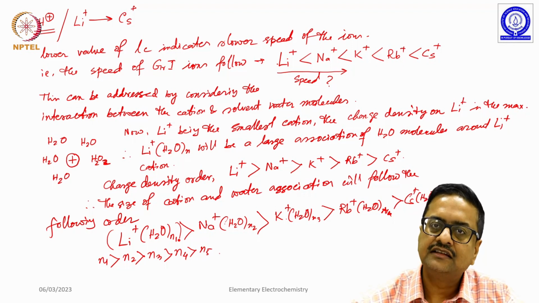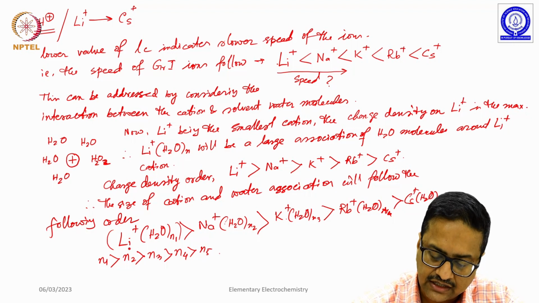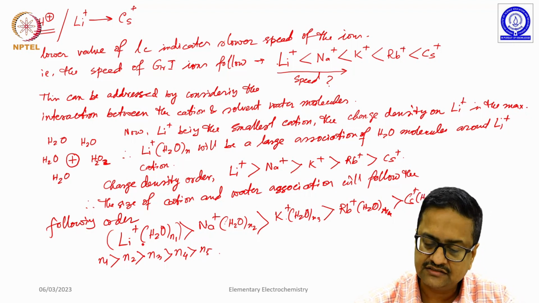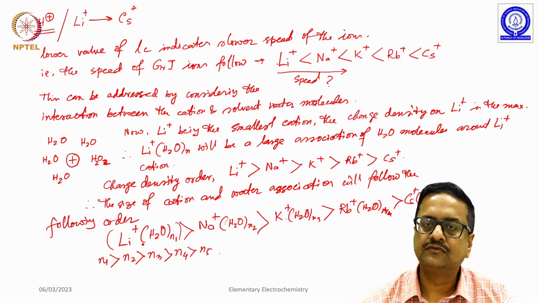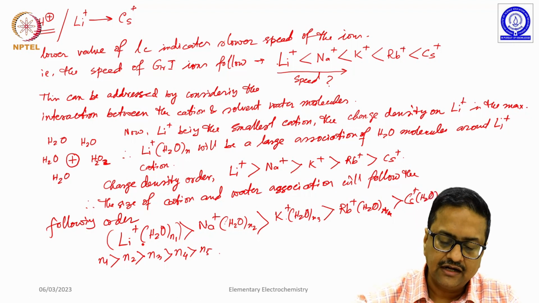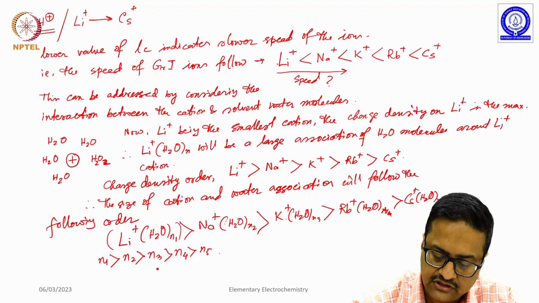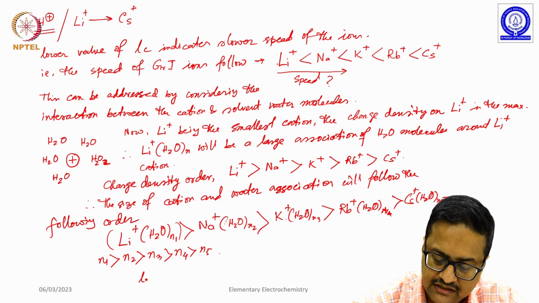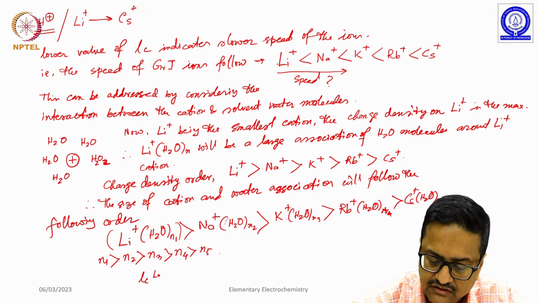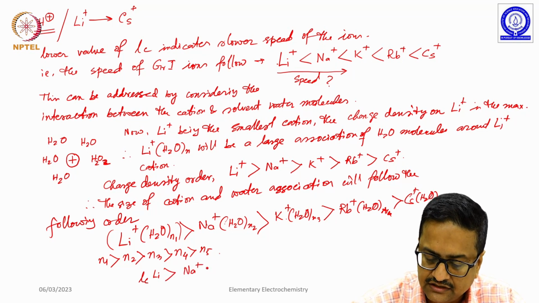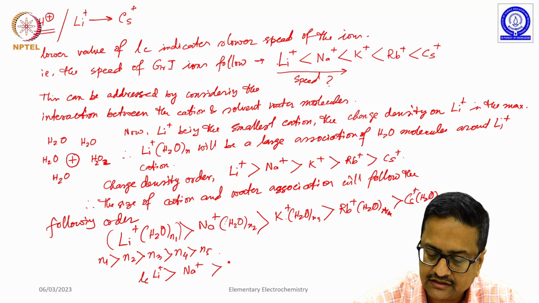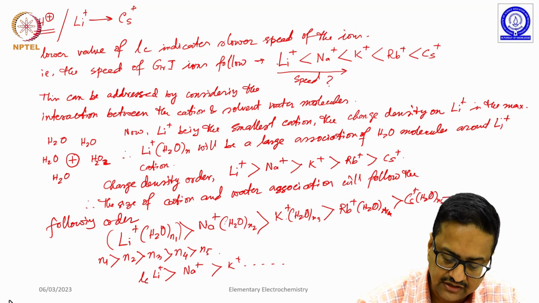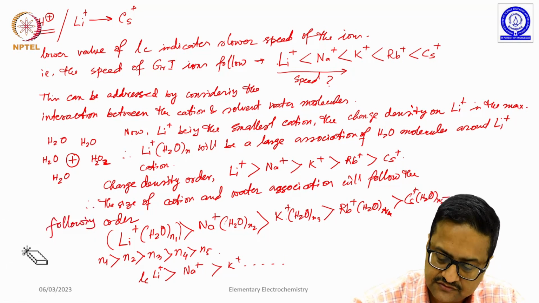As the size of this cation water complex decreases, the mobility of those ions increases, and hence the order of Lc for lithium is greater than that of Na+, then greater than K+, and the order is the reverse.